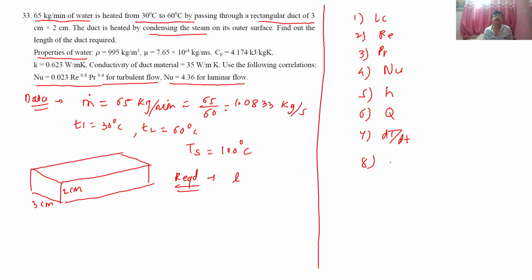Number 8 is nothing but L or exit temperature T2. In this case, the rate of heating or cooling is not asked. What is asked is length. Even exit temperature is given. So this is our target. So we need to go up to the 6th step and from there jump to the 8th step. So we'll go to the solution.